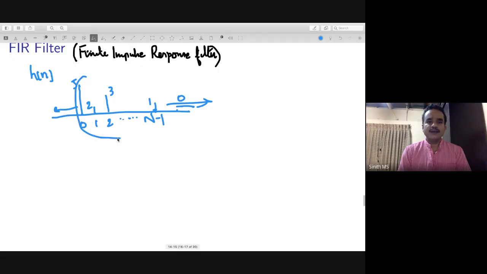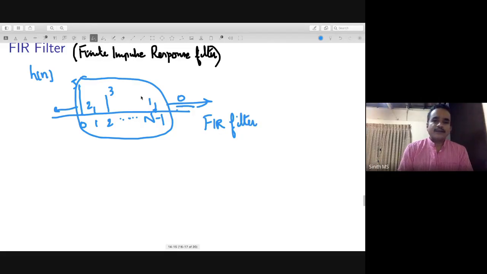This is a finite support, that is, you have values only in this region. If you have a finite number of impulses in the response, you call it an FIR filter. So basically an FIR filter will have an impulse response h[n] which is finite.